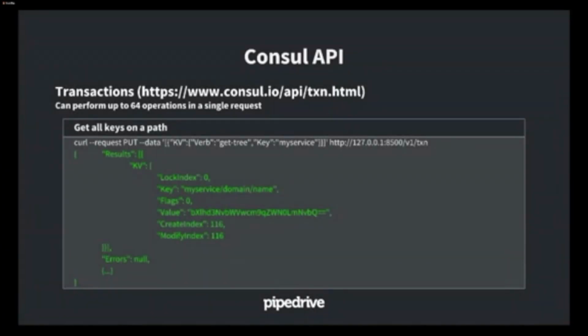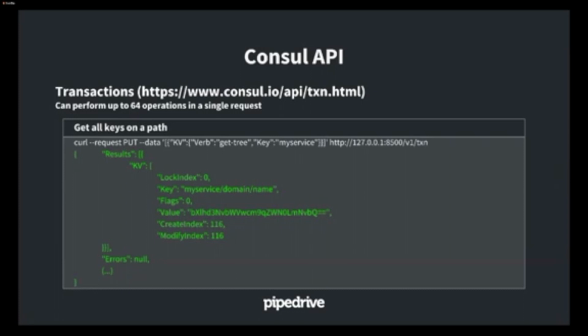That way is using transactions. Instead of fetching key by key and calling 5-10 different APIs in Consul, you can use Consul transactions to get all your keys at once, to do operations like setting information, retrieving information, creating services, removing services, and you can do up to 64 operations on a single transaction.